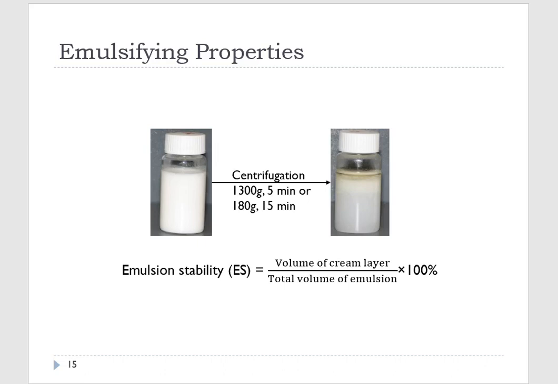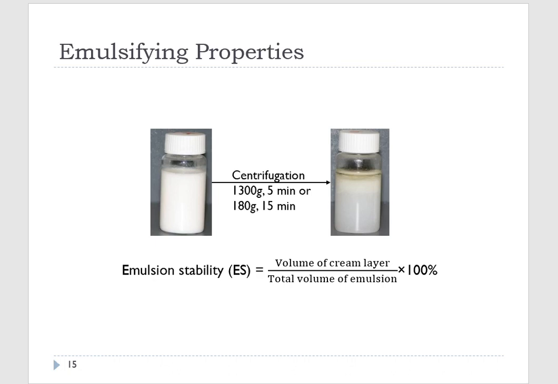A common centrifugation technique involves centrifugation of a known volume of emulsion in a graduated centrifuge tube at around 1300 G for 5 minutes, or 15 minutes if we increase the gravitational force.